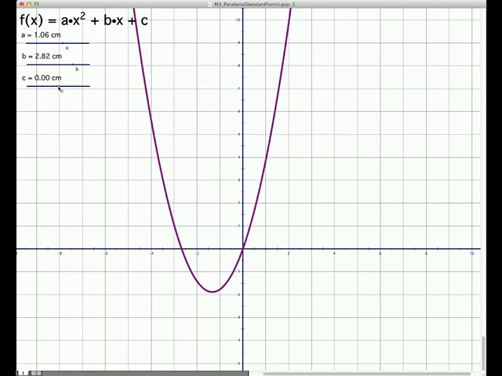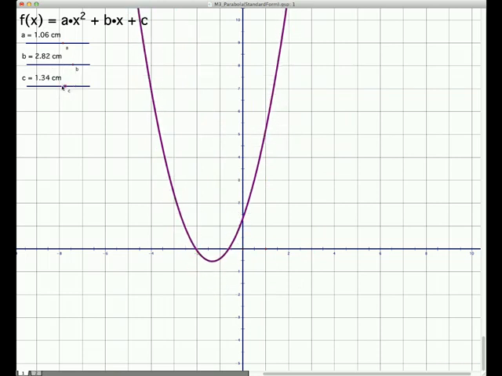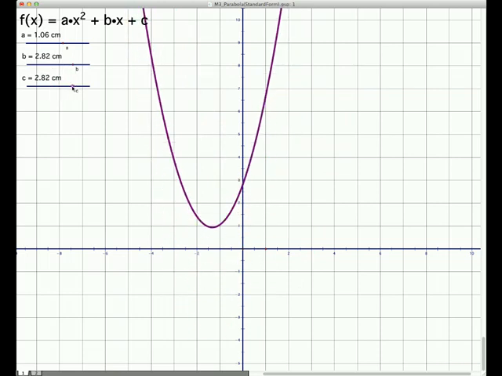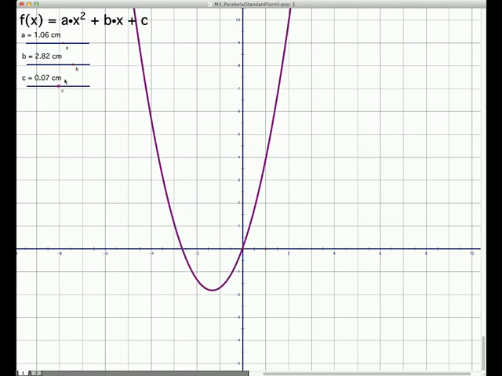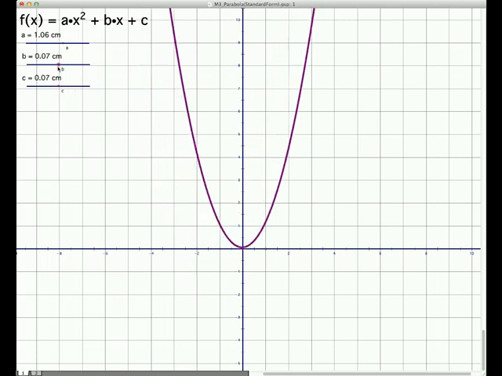And then the value of C is the vertical shift for us, which told us right here when C is 2.89, you can see the y-intercept is 2.89 as well. One of the things I want to point out, let's see if I can zero these out again. Close enough.